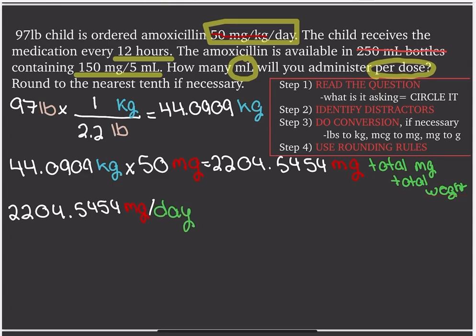So the only thing we're left with is per day. So we have the total amount of milligrams for the total weight of the patient per day. Now, that's going to be times the conversion that's already given to us. That's the available. So there is 150 milligrams for every 5 milliliters of medication.